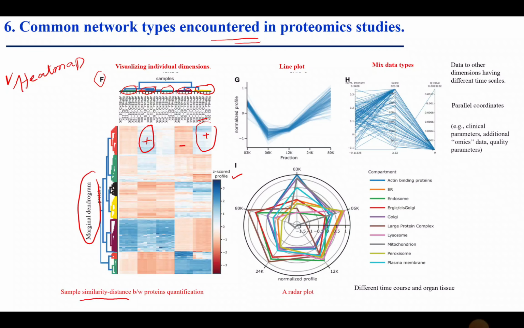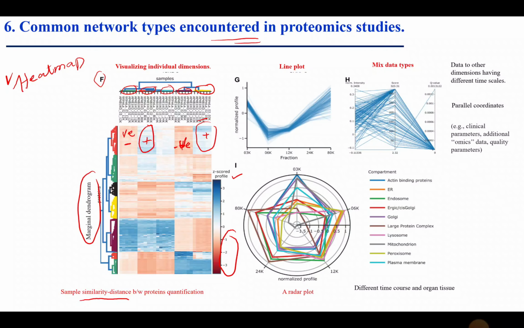However, this sample and this sample are showing the red color, which means the expression of these two sets of proteins is negatively regulating. So it means this is showing negative correlation. So you can also visualize the individual dimensions of your data and samples through this heat map.